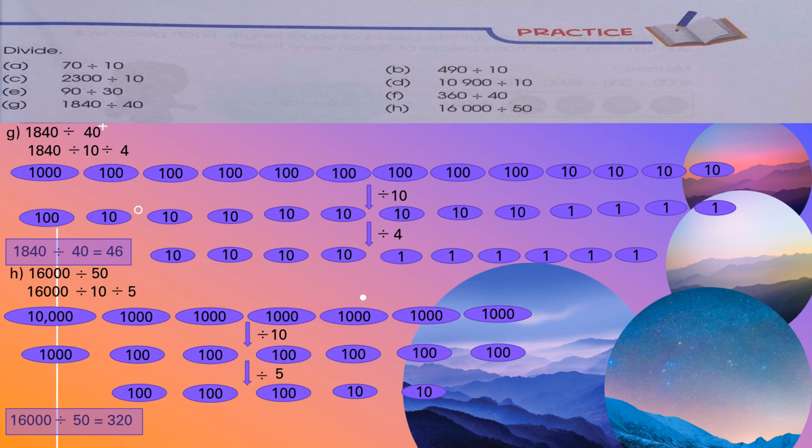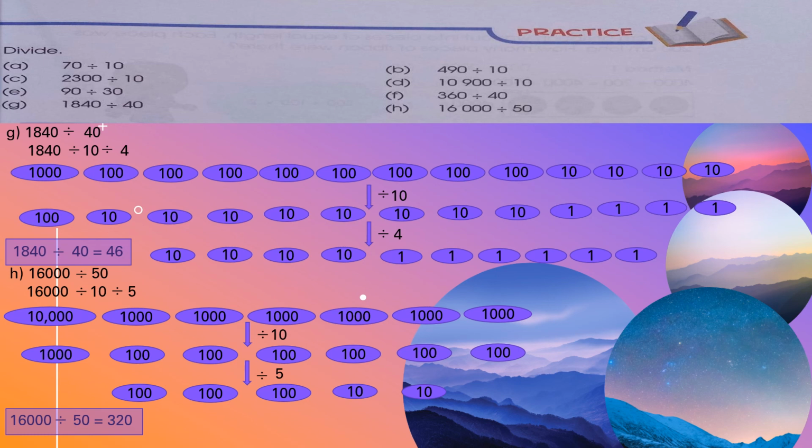And when these are divided by 10, we have 100, 8 tens and 4 ones. Now this 184 is going to be further divided by 4, and the result is 4 tens and 6 ones, which is basically 46. So when 1840 is divided by 40, the answer is 46.